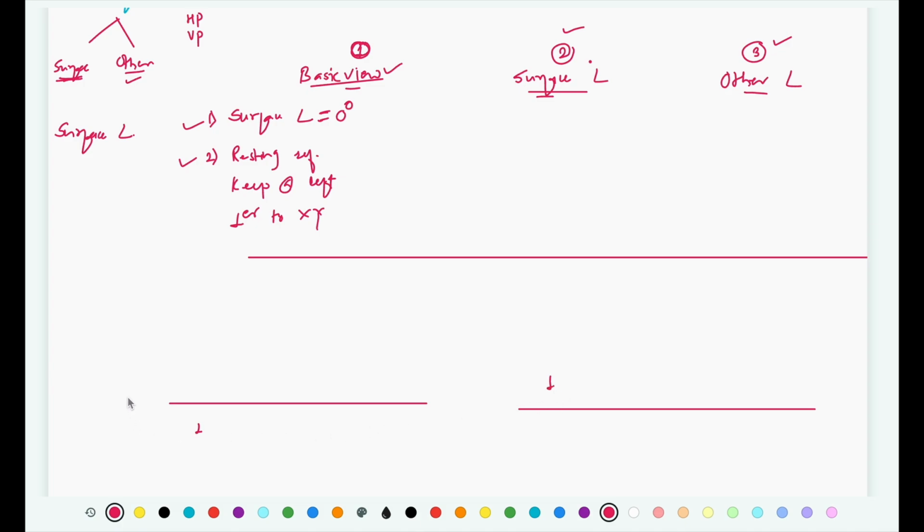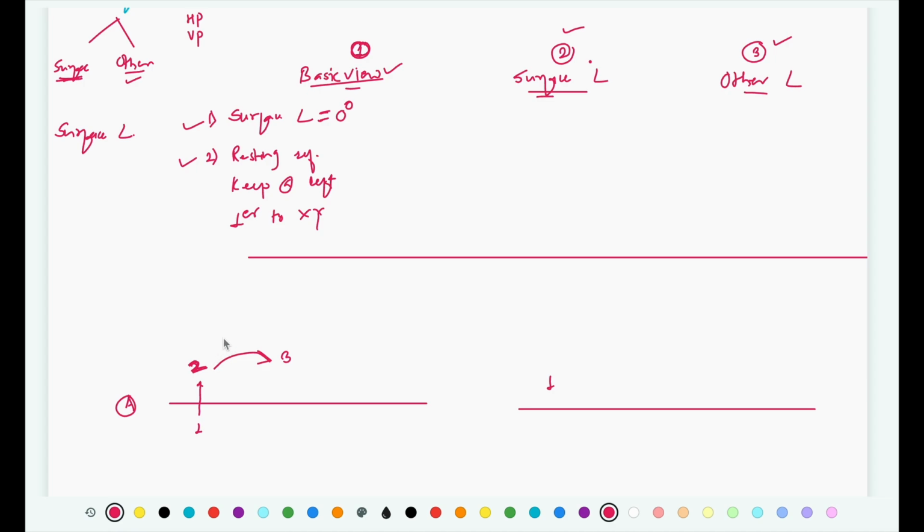Let's consider scenario 1 or scenario A. If you get the first step in a top view, you will project it and draw the second step, then the view that you have obtained in step number 2, exactly the same view with same dimensions, same shape, we are going to draw in step number 3, but in a different orientation.